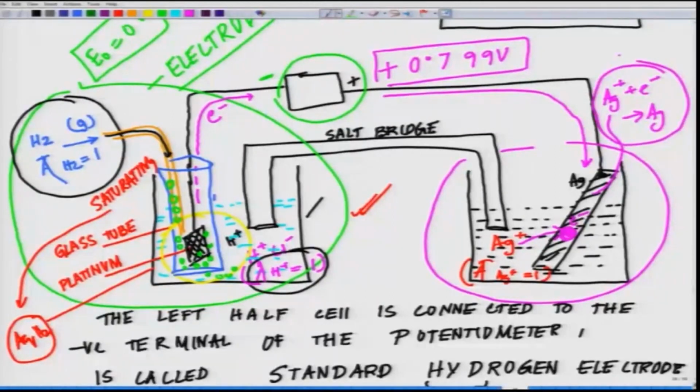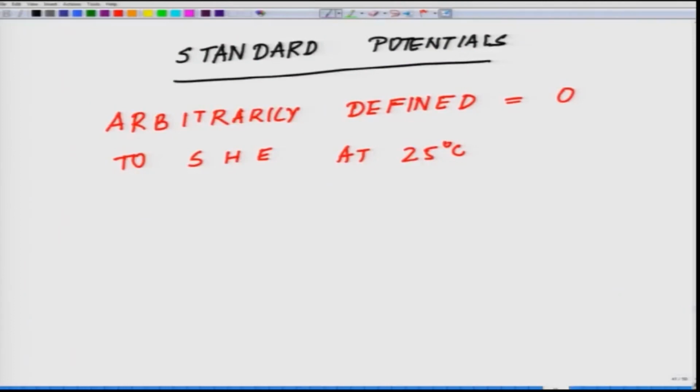This is a reduction reaction which is happening, and your potentiometer is showing a positive 0.799 volt, and this is a very important value because this is essentially the standard reduction potential.